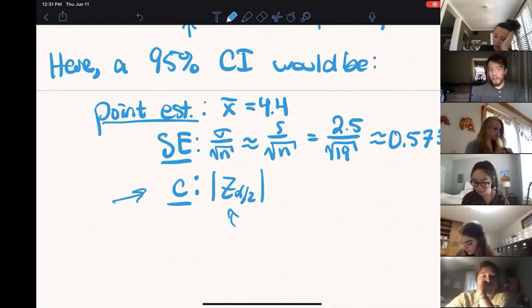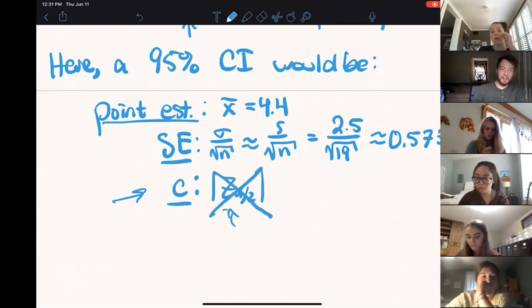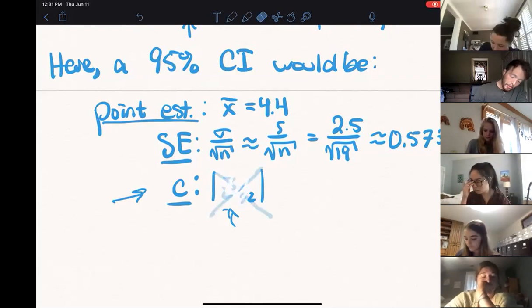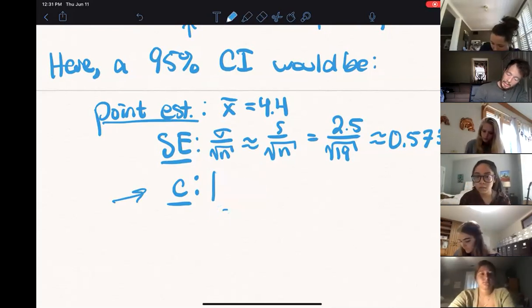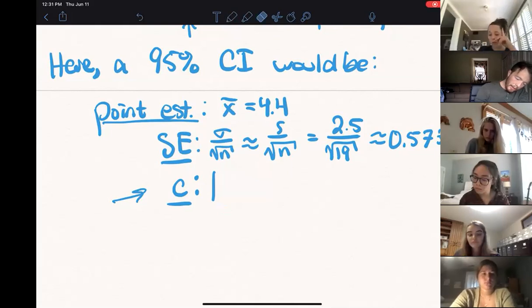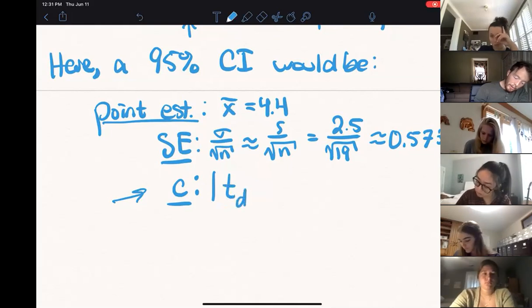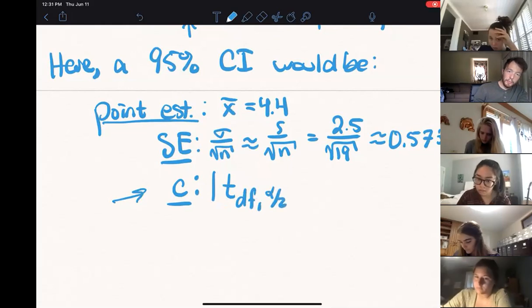But remember, we're not using the z distribution for this confidence interval. We're using this new thing called the t distribution. So this is not actually correct. We're not going to be using the z-score here. Instead, we're going to be using the analogous thing in the t distribution. So how I'm going to write it is the absolute value of the alpha over 2 quantile of the t distribution with a given degrees of freedom.